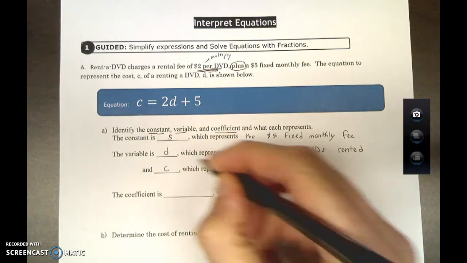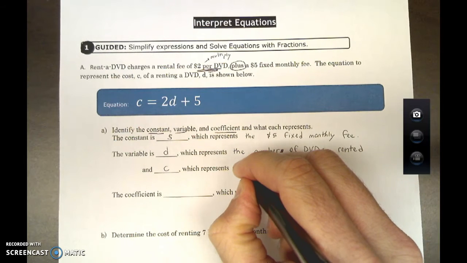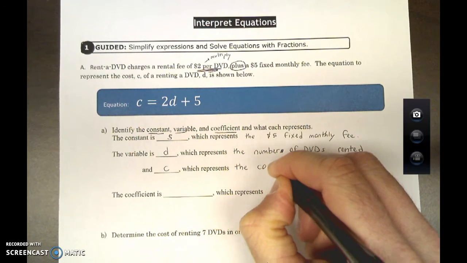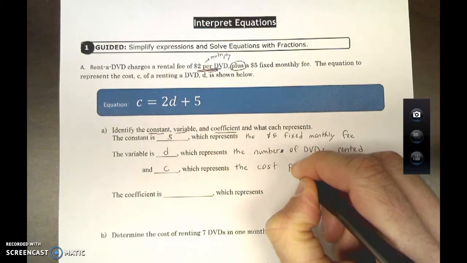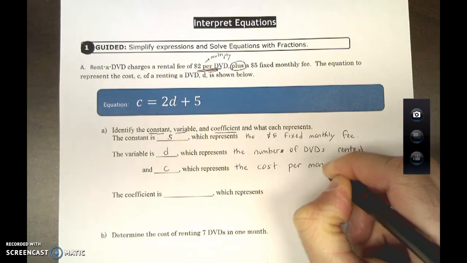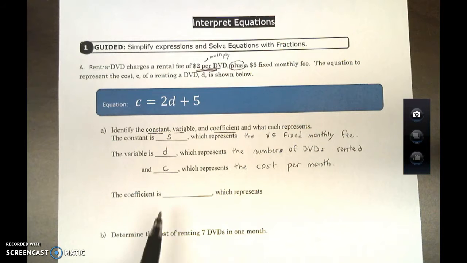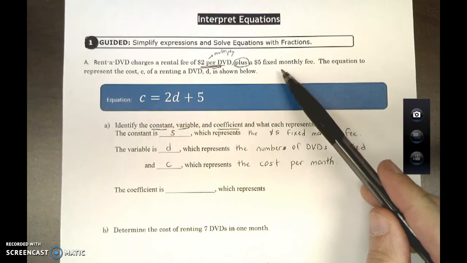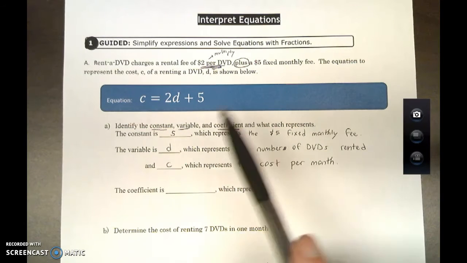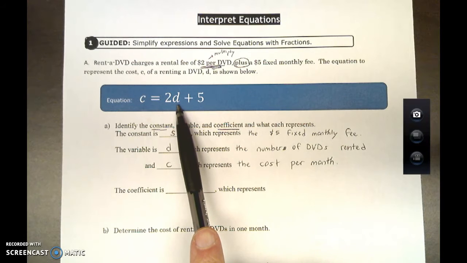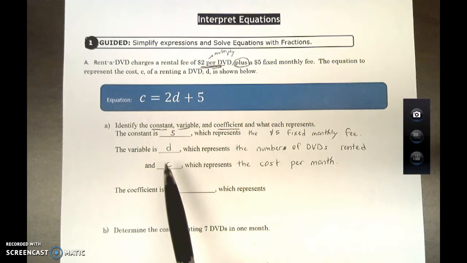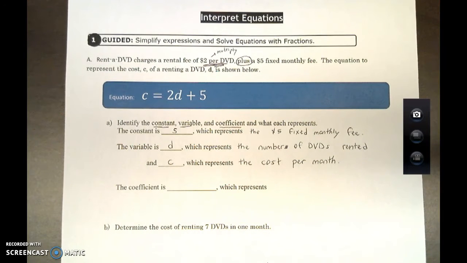And the C variable represents the cost per month that I'm paying for the DVDs. So the 5 in the equation represents that $5 monthly fee. The D represents the number of DVDs I purchase. And the C represents the total cost that it's going to cost me for the whole month for using however many DVDs.